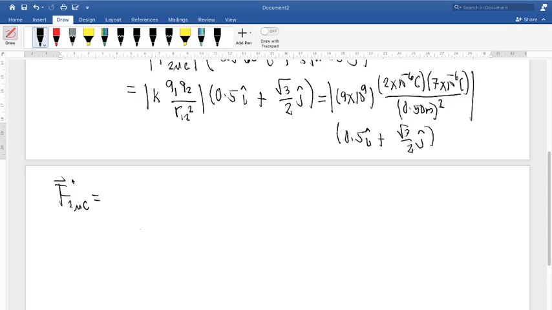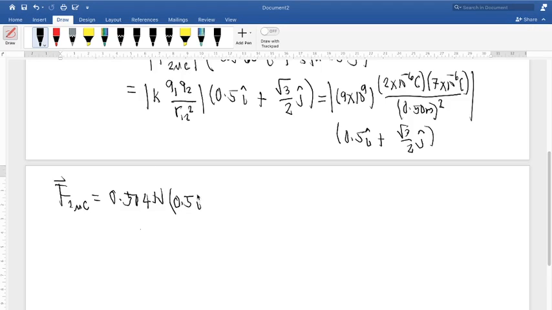So that is 0.504 Newton, with the direction of, say, i hat, I mean this is positive.